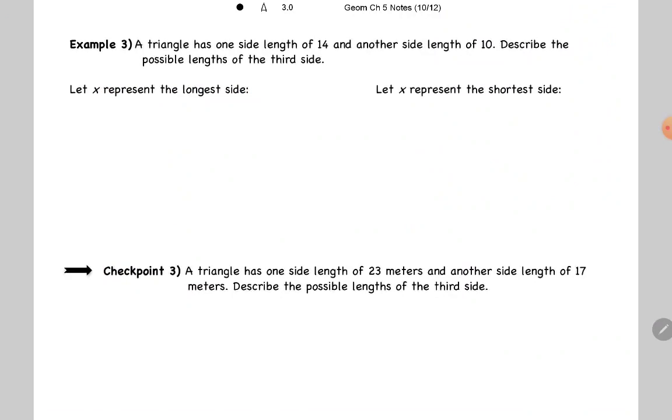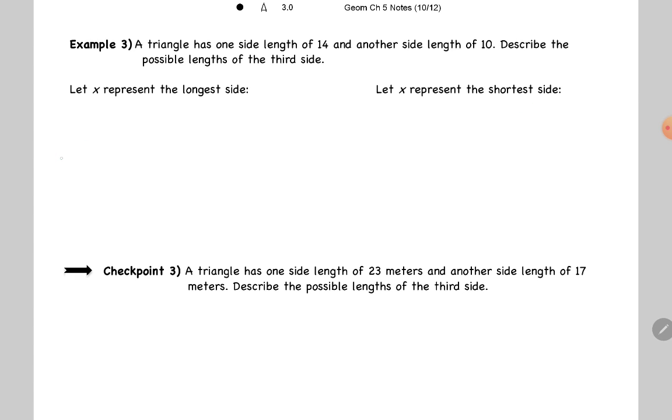A triangle has side length 14 and another side length 10. Describe the possible lengths of the third side. So this goes back to the triangle inequality theorem. That means two sides can't be smaller than the third. We only have two sides of the triangle. So let X represent either the longest side or the shortest side.